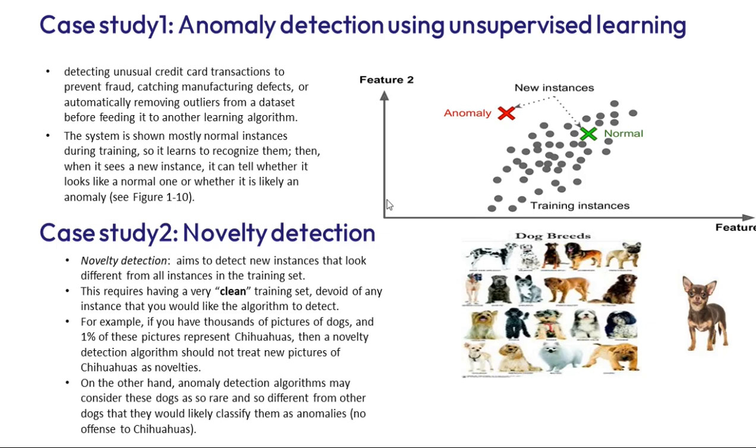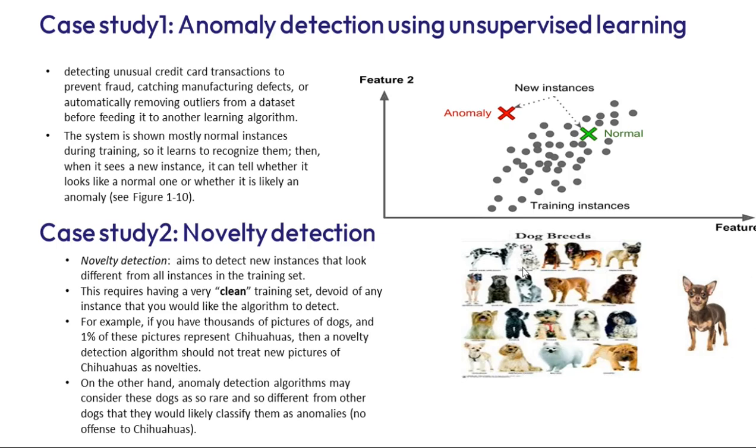So in such cases, it's better to go for novelty detection, where you aim to detect new instances. The aim here is to detect new instances that look different from all the instances in the training set. So in novelty detection, the goal is to detect new instances. Okay, but an important prerequisite here is you should have a clean training set. So if you're looking for projects, you can also work on this, like novelty detection for dog detection and Chihuahua detection.